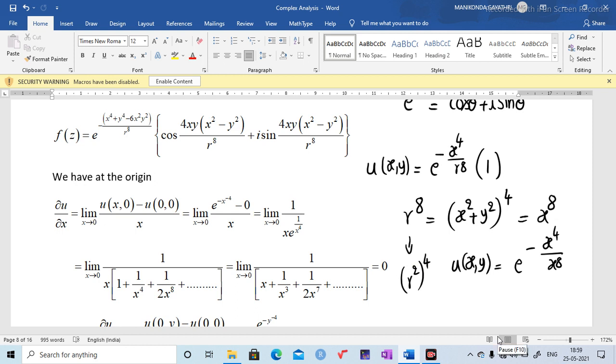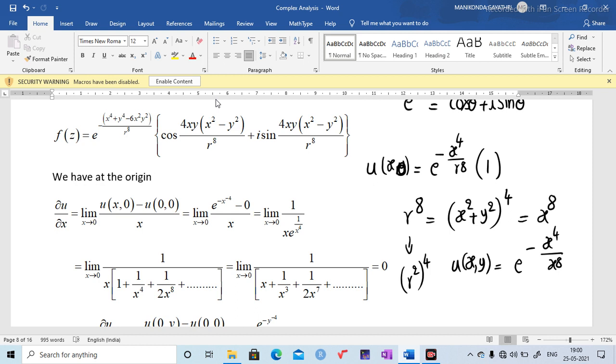Observe u of x comma 0. So here this is your u value. So e power minus as it is. By substituting y equal to 0, these two terms vanish. So x power 4 by r power 8 into cos 0 you are going to get. Cos 0 is 1 only. So r power 8, you know that is r square whole power 4. R square is x square plus y square whole power 4.